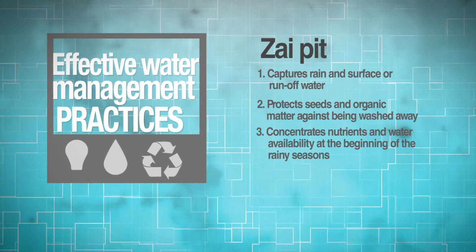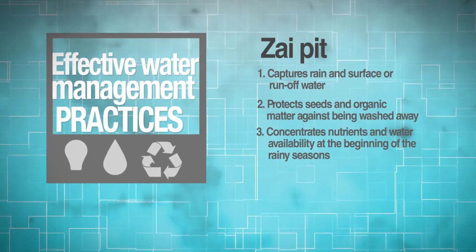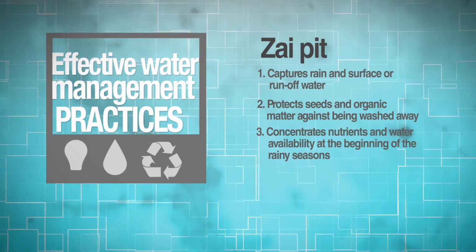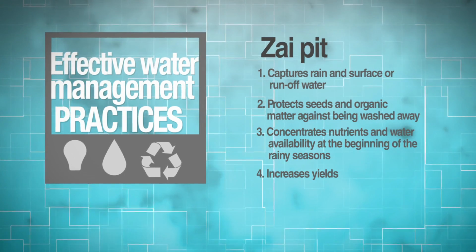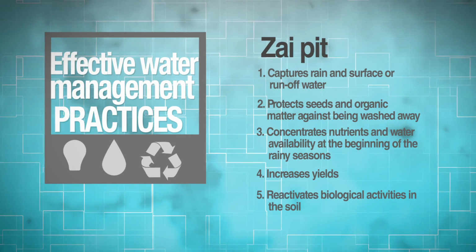Concentrates the nutrients and water availability at the beginning of the rainy season. 4. This also increases the yield. 5. Reactivates biological activities in the soil. The zai pit is an example of low-cost rainwater harvesting techniques.